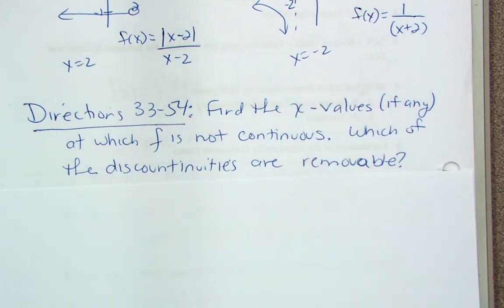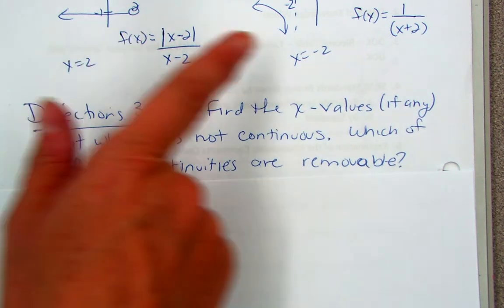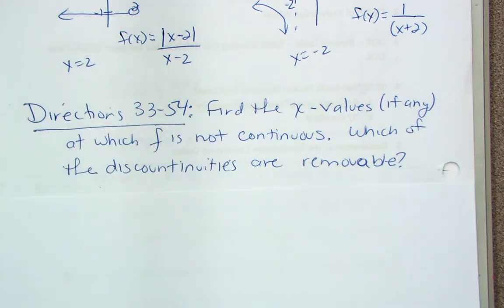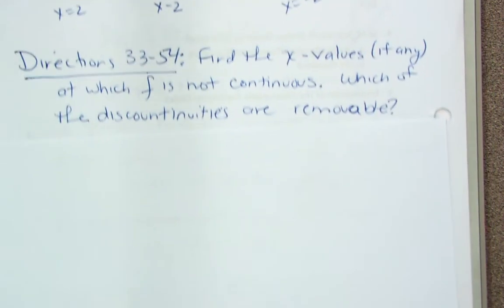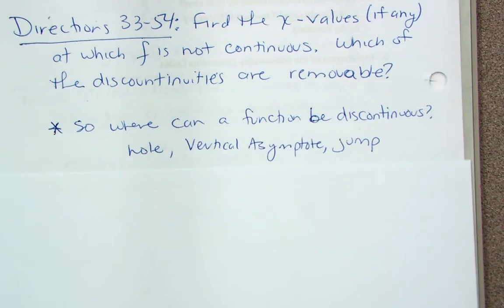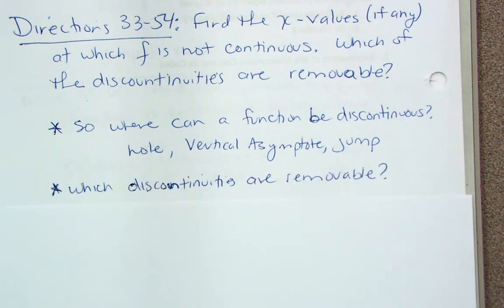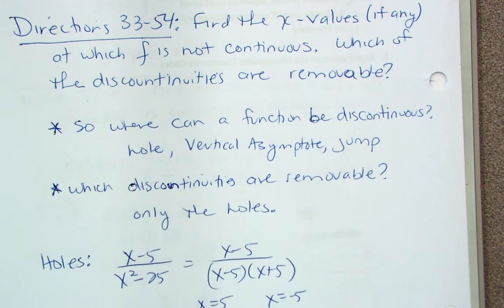In other words, which of these are holes in the graph and not jumps and not asymptotes? So we have to go back and do some pre-calculus work. Where can a function be discontinuous? At a hole, at a vertical asymptote, and at a jump. Which discontinuities are removable? Only the holes.